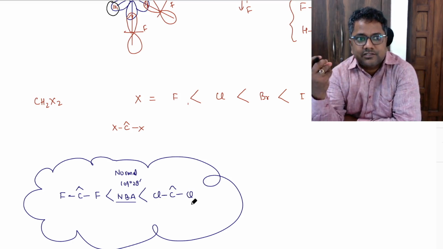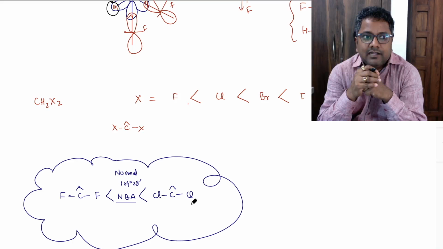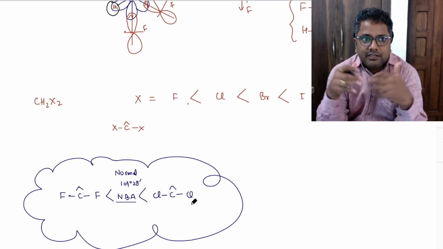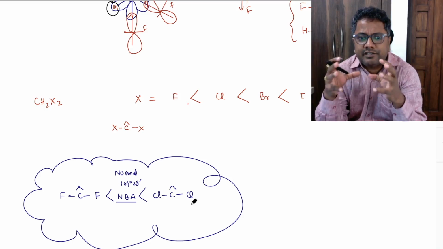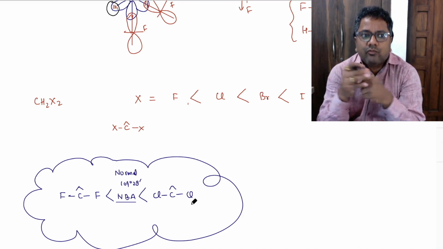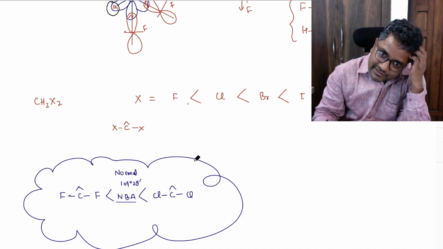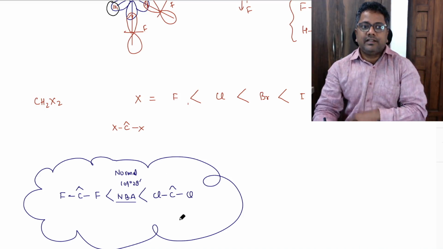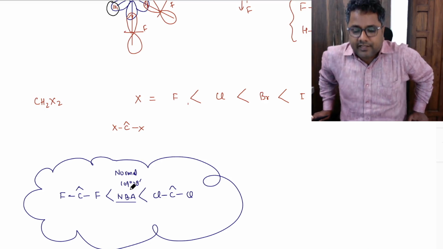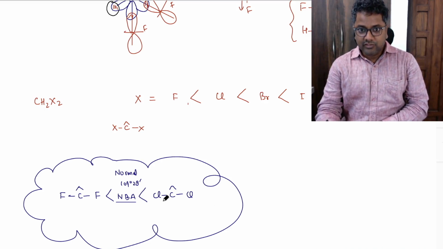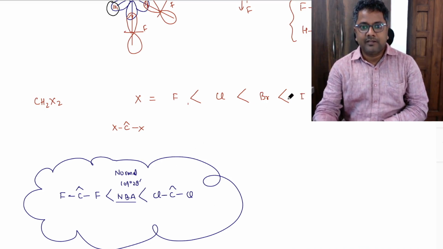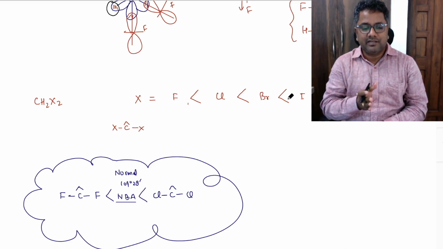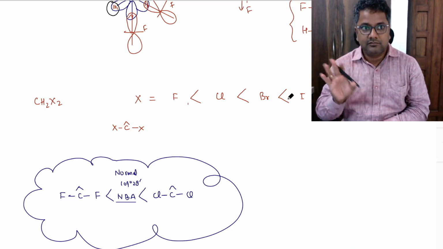So if the size, volume of atom increases, the bond angle accordingly will increase, right? Because in space it requires more volume. So that's why this increases more than the normal value. So normal is 109 degree 28 minute. Don't say that electronegativity here is more than hydrogen for everybody, so all bond angles will be less than 109 degree 28 minute. No, no, not like that.